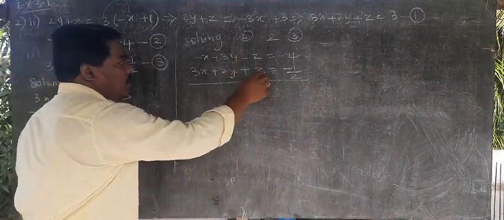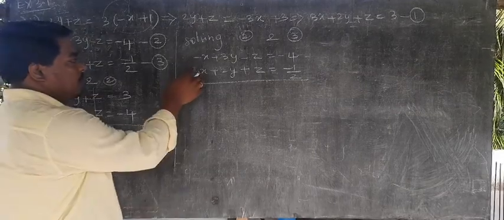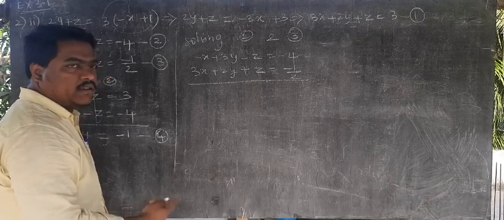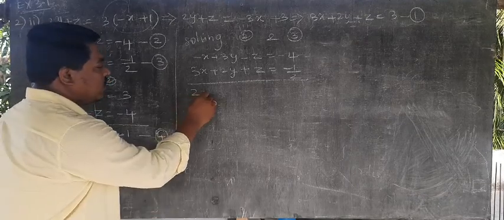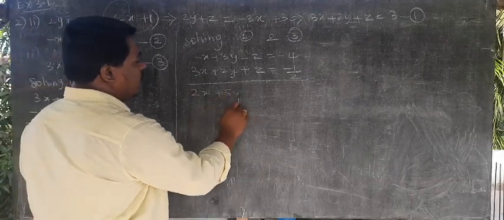So here plus z minus z will be cancelled. 3x minus x: from the 3x, 1x is subtracted, remaining 2x, and 5y.